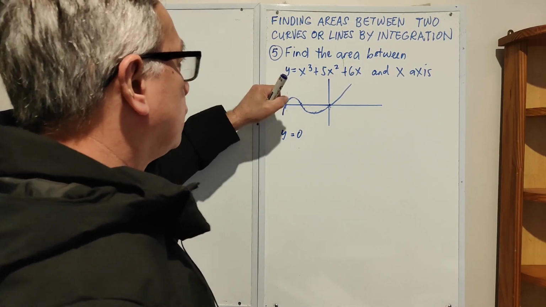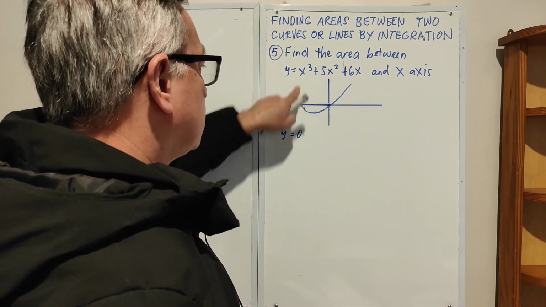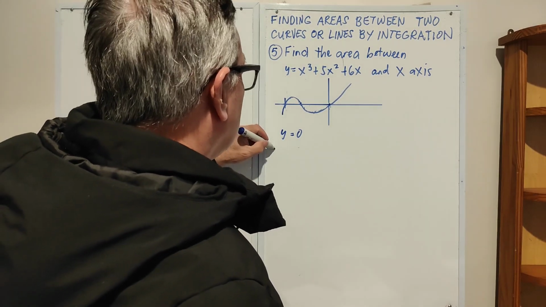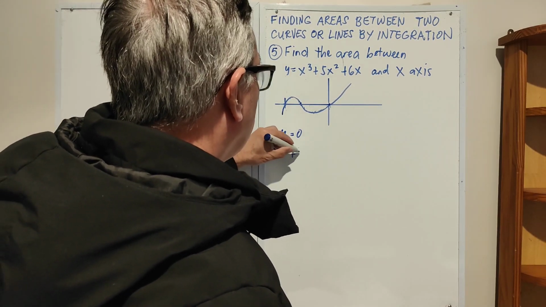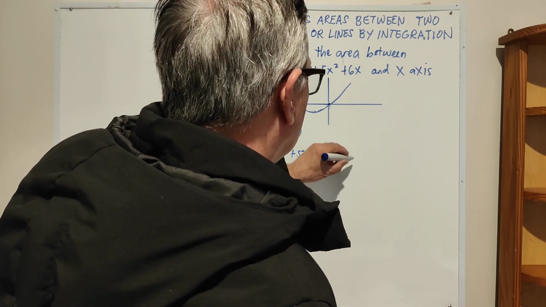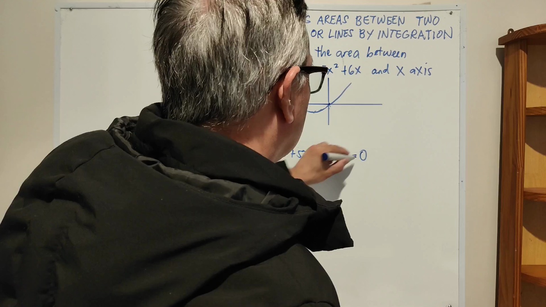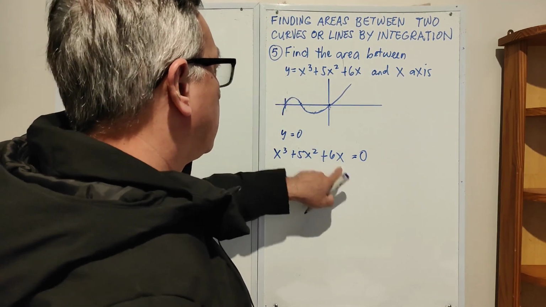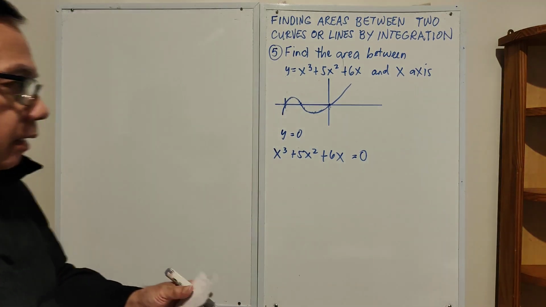So the y of this one is equated to the y of this one. So what we will have is x cubed plus 5x squared plus 6x is equal to 0.